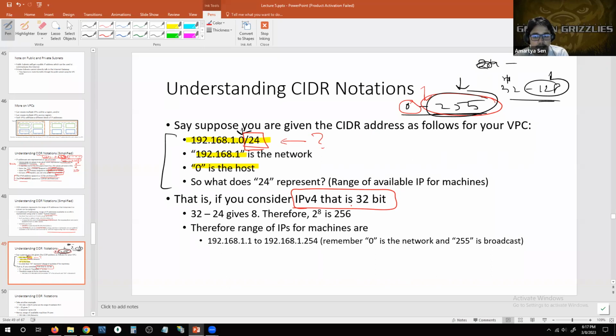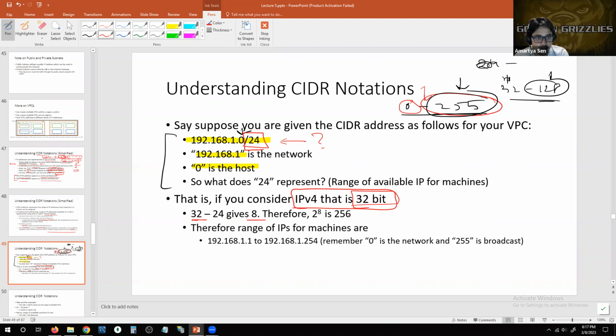So IPv4, we know, has 32 bits, right? What you do is you take this value here, that is 24, and then you subtract it from your architecture's total capacity. So here the architecture's total capacity is 32. The CIDR block says 24. So you do 32 minus 24, and that gives you 8, right? That is 8, right? 6 plus 2, 8.